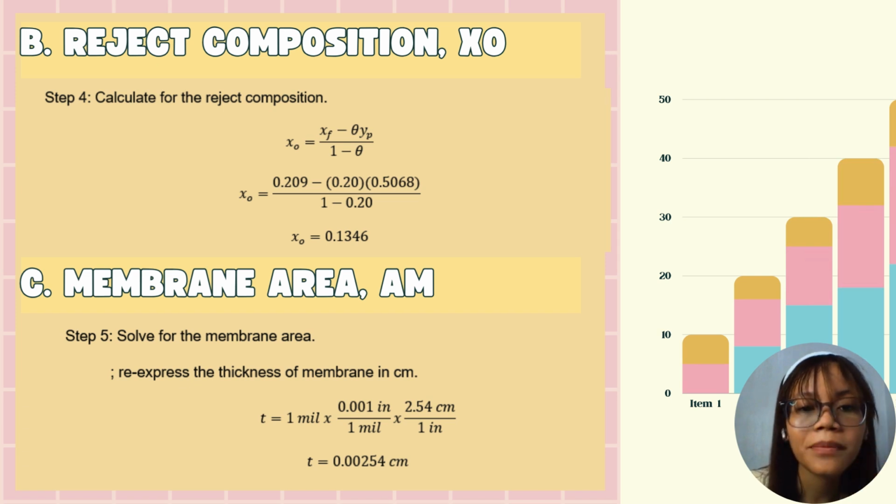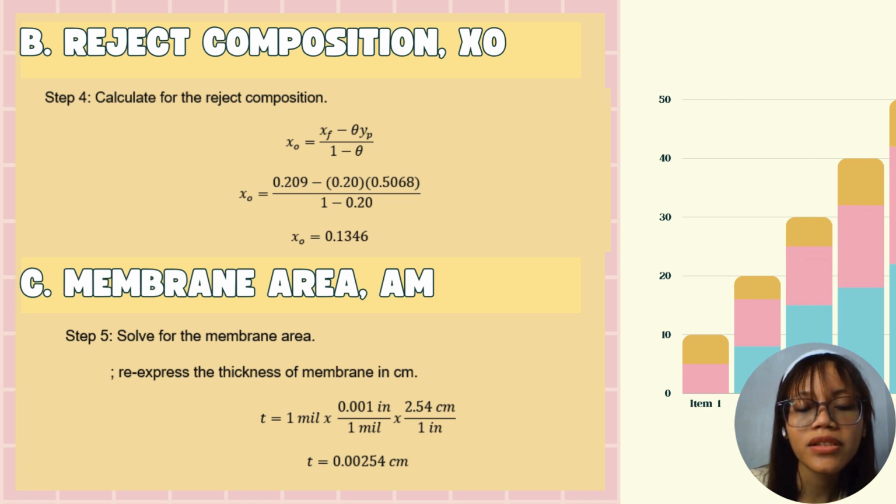Then these values are available or given. So we're just going to substitute it in the equation. We are able to get a reject composition of 0.1346.